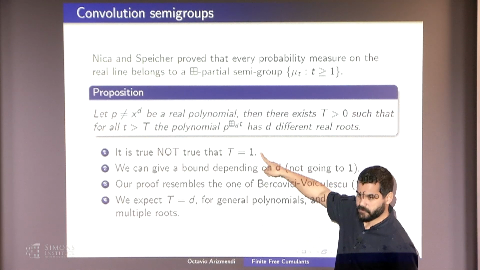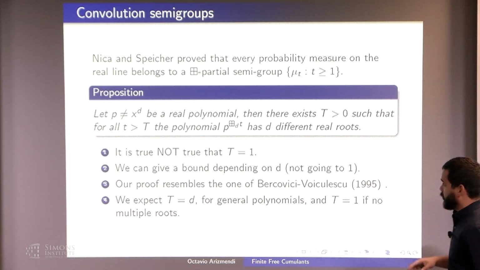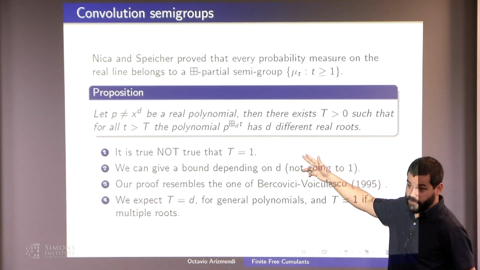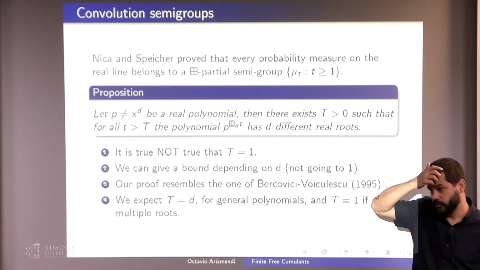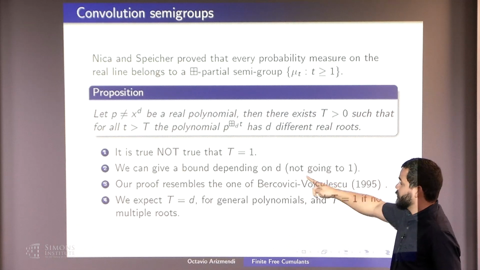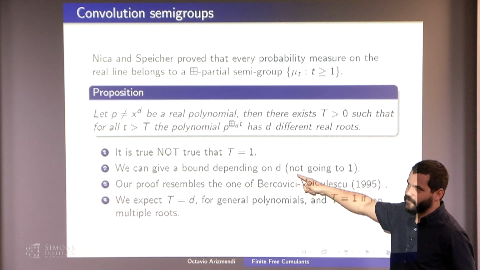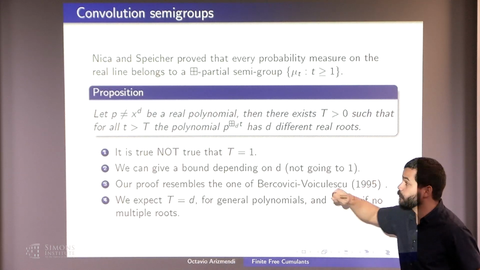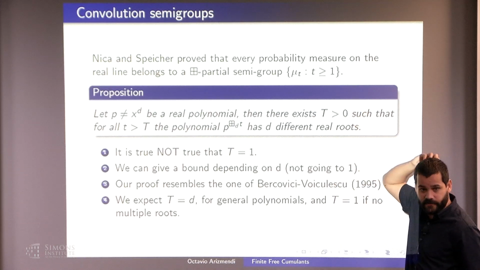We know this. We can give a bound on how small t is, but this depends on d, and it goes to infinity as d goes to infinity. So this doesn't actually prove the free version.